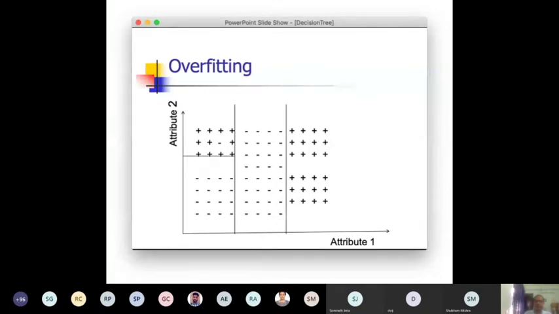We have considered this kind of decision tree formation with this visual example. So we have explained that in this case you have a two-dimensional instance space. It has two attributes, attribute 1 and attribute 2. And what is being shown here graphically are the positions where you have positive instances and negative instances.